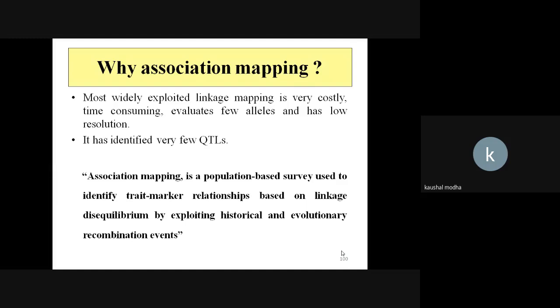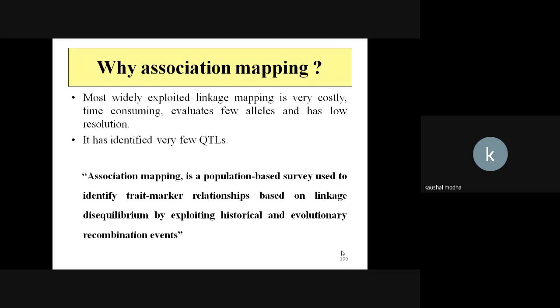So association mapping is a population-based survey. It identifies the trait-marker association, or trait-marker relationship, based on linkage disequilibrium. Linkage disequilibrium exploits historical and evolutionary recombination events. So by LD mapping and association mapping, we can take into consideration the recombination events that happened in the history of that crop, the evolution of that crop.